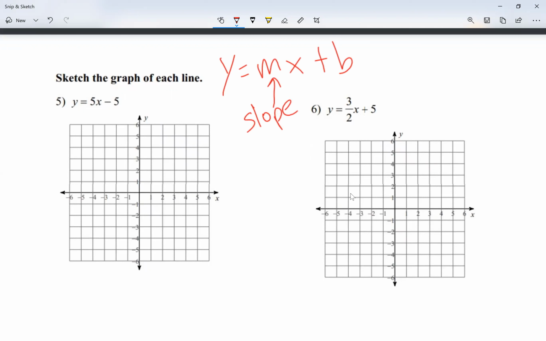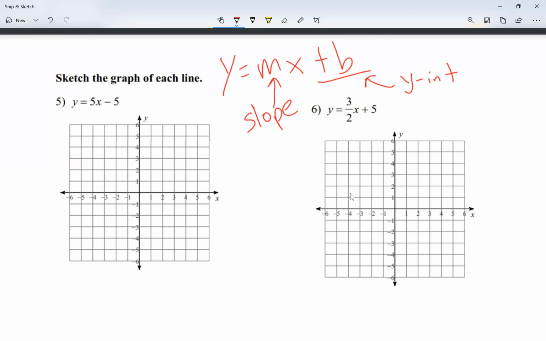That's gonna be our slope. And then the plus b, with the sign included, we're gonna call this the y-intercept. So where do I cross the y-axis? The first number that we see, the one in front of the x, is the slope. The second number we see is the y-intercept. So that's what we call this slope-intercept form.